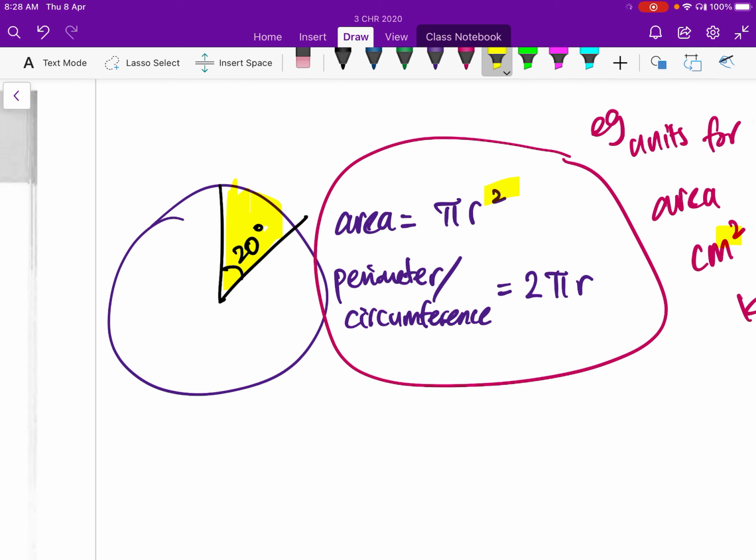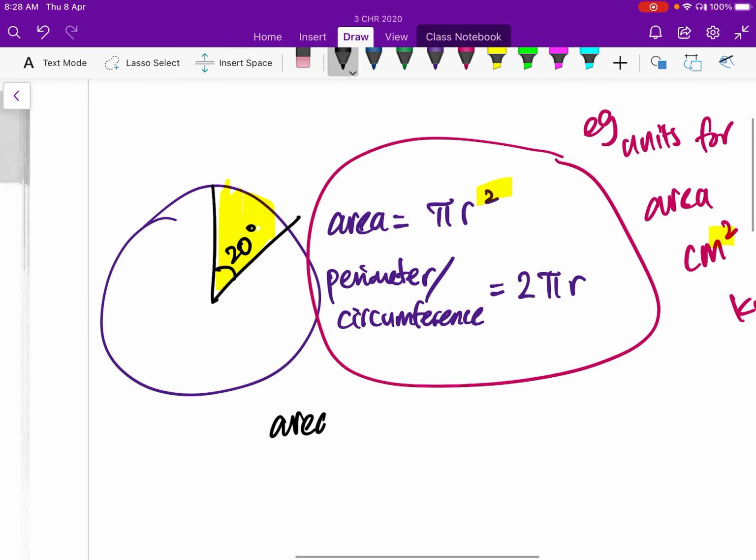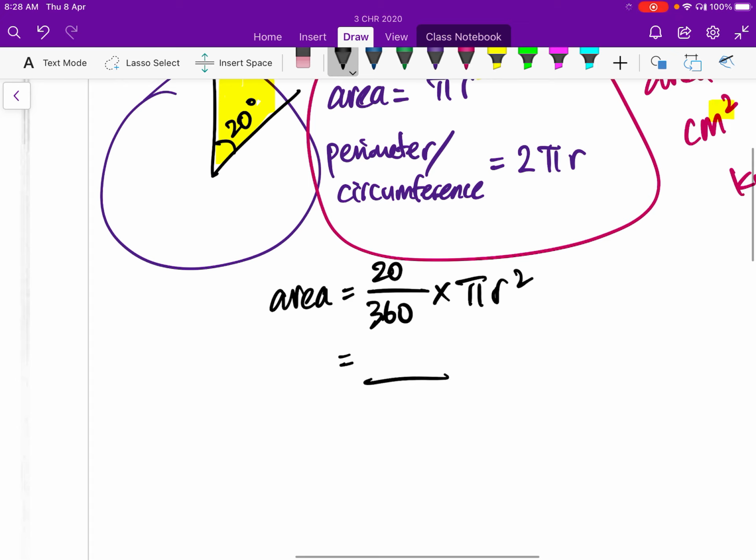So this shaded area will be either you write it as 20 out of 360 times the area pi r square, or you can write area of, 360 degrees represent pi r square.